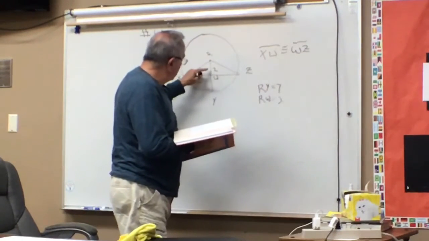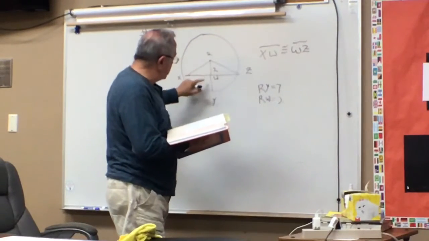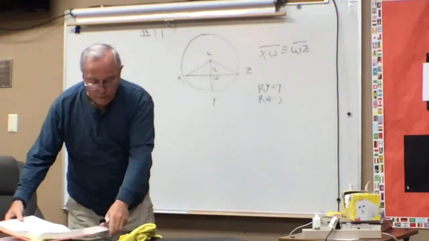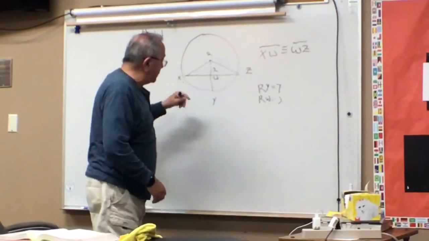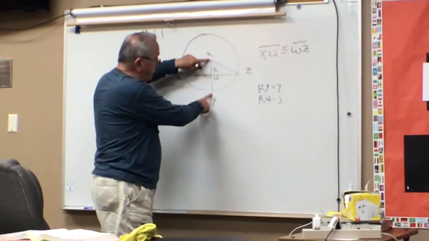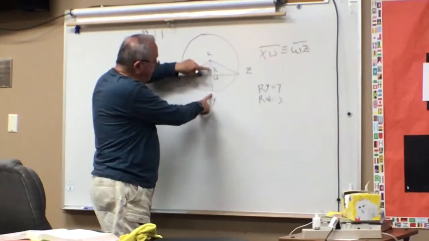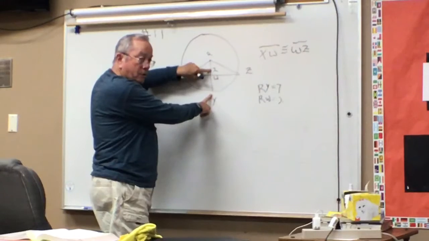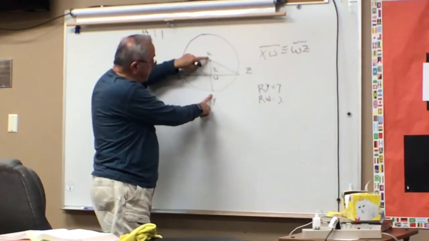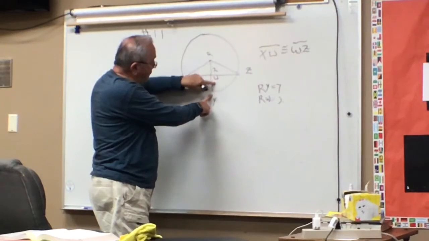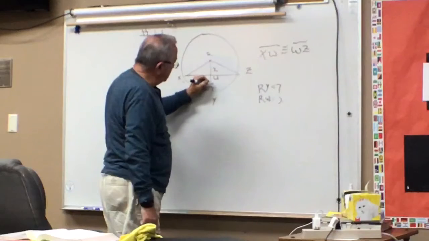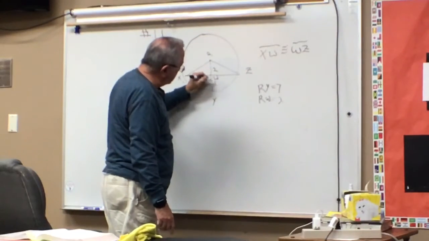So if that's 2 and that's 7, for what it's worth, now watch. Remember, segment addition. From here to here is 7. Everybody agree? So if this is 2, this has got to be 7 minus 2, segment addition. So again, if from here to here is 7, and this is 2, this one's got to be what? 5, doesn't it? Correct? I'm just going to put that in there.